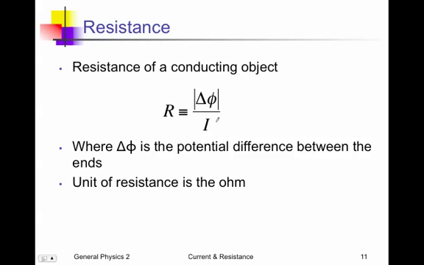The resistance of a conducting object is given by delta phi, the change in potential, over the current. The unit of resistance is the ohm, and that is drawn with a symbol that looks like that.